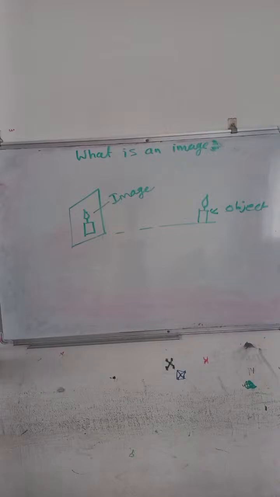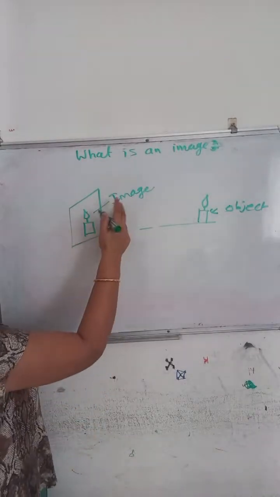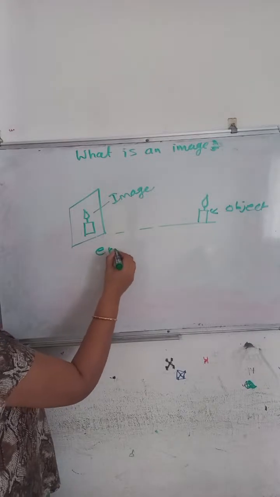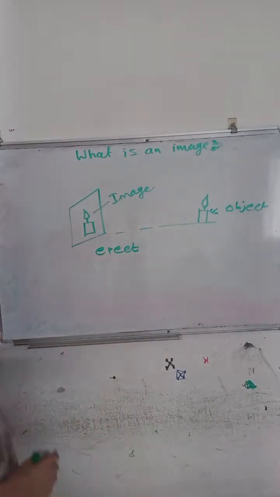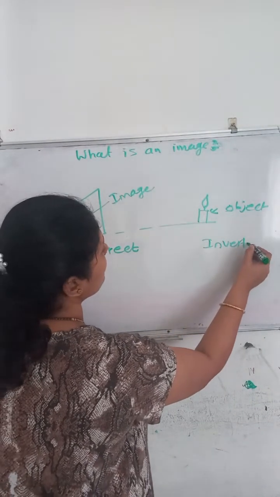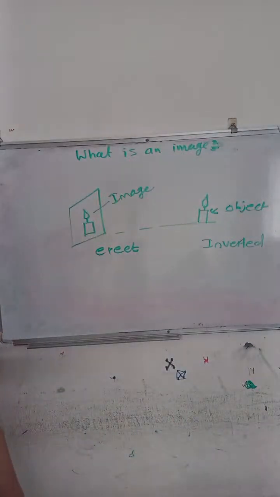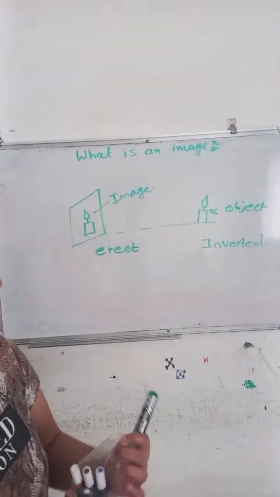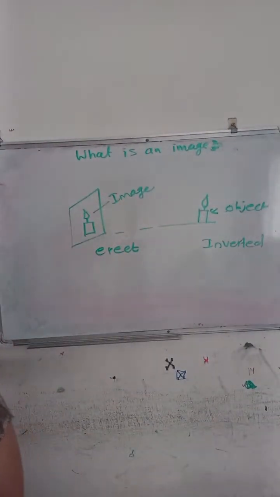Basically we have two kinds of images, very important: one is the erect image and the other is the inverted image. Now what do we mean by erect and inverted?